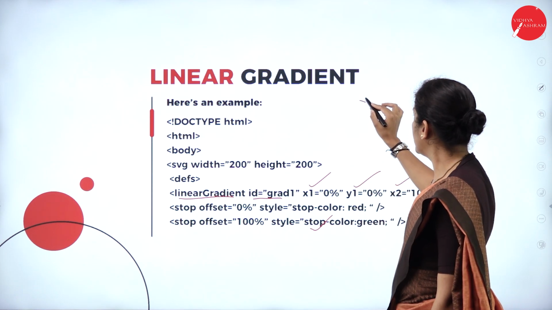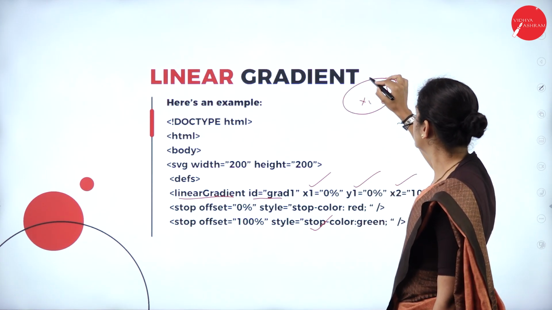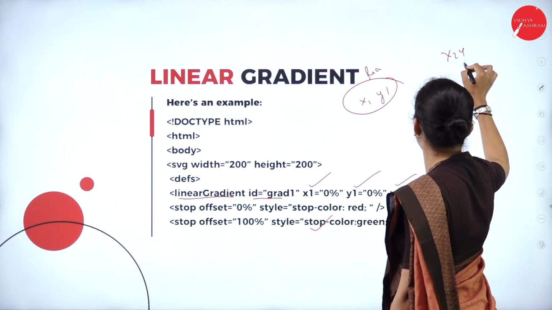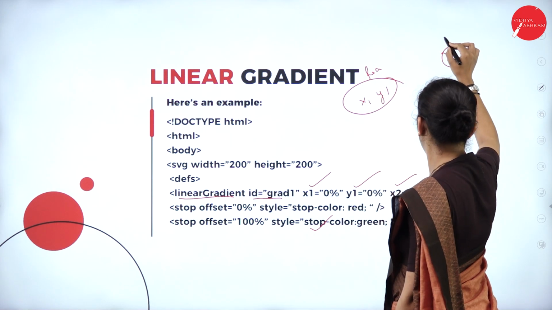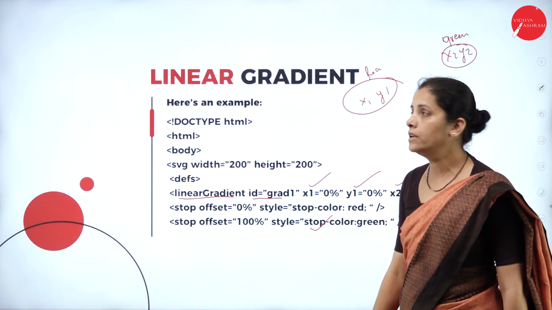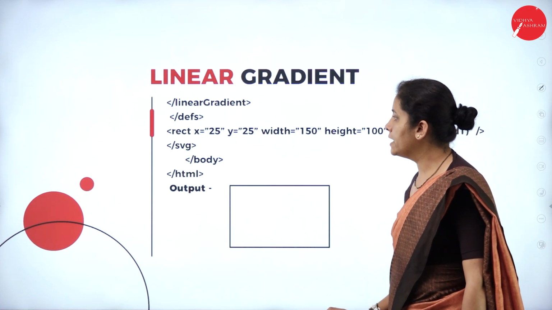So I have x1, y1, for example this is red color, then x2, y2 is the green color. Now I'm going to close the linear gradient.